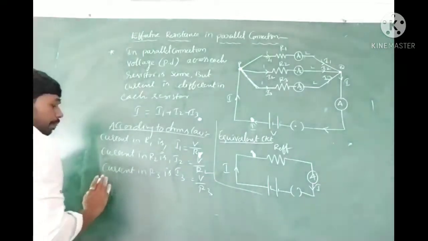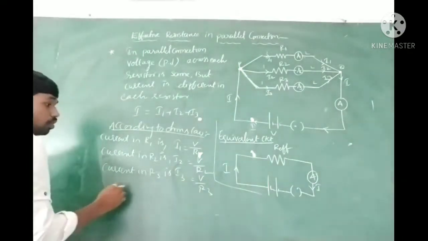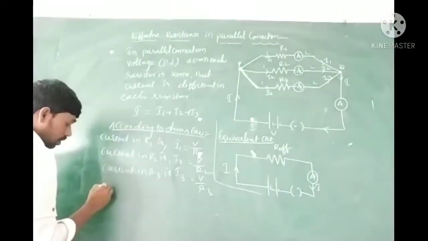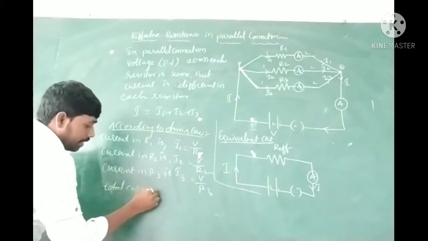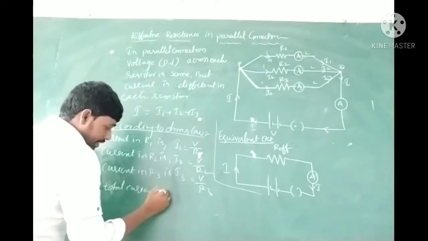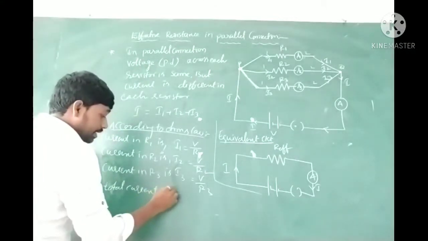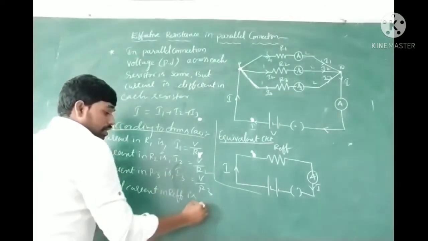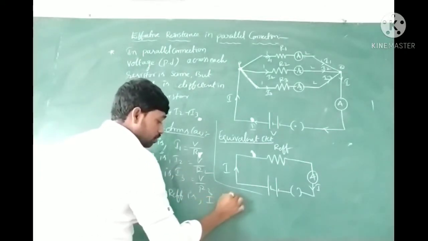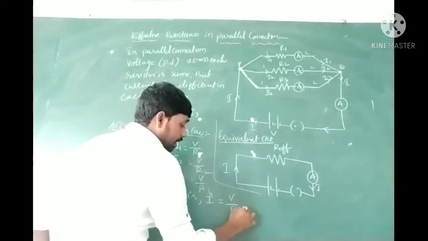The total current I, the current in R effective, is equal to V upon R effective.